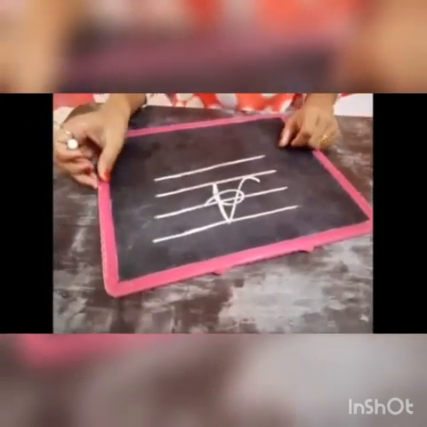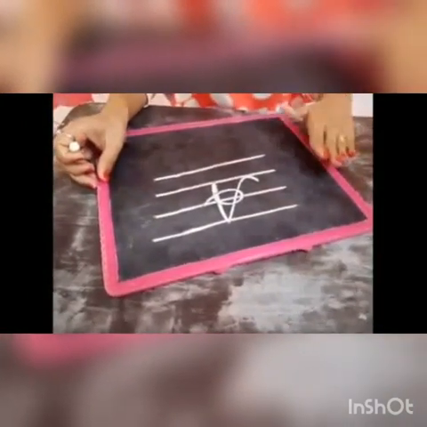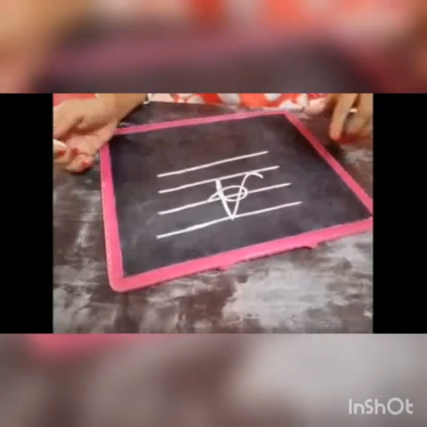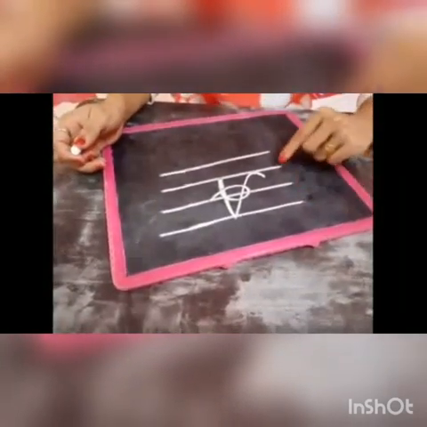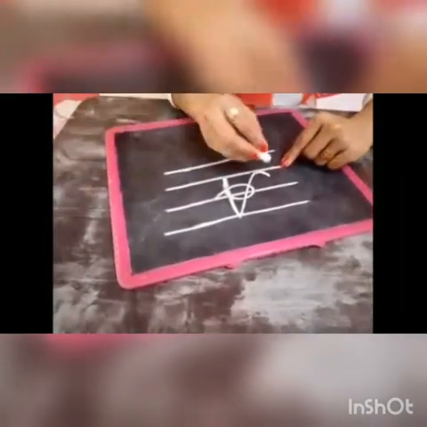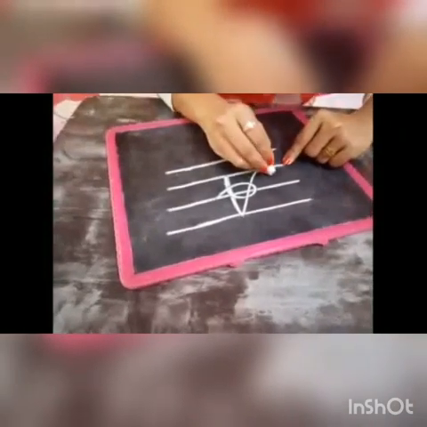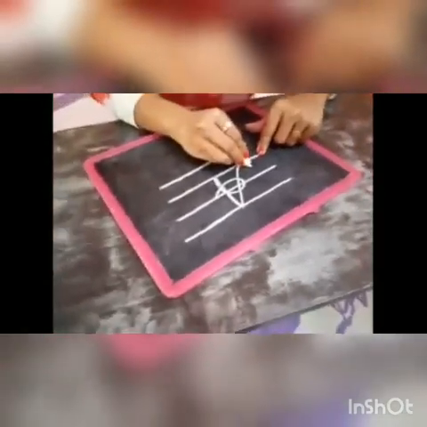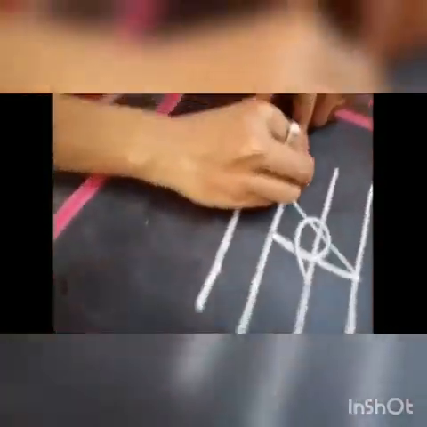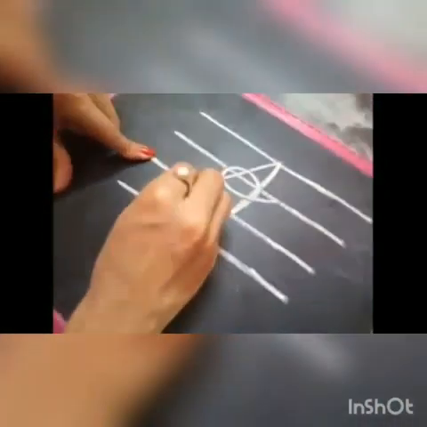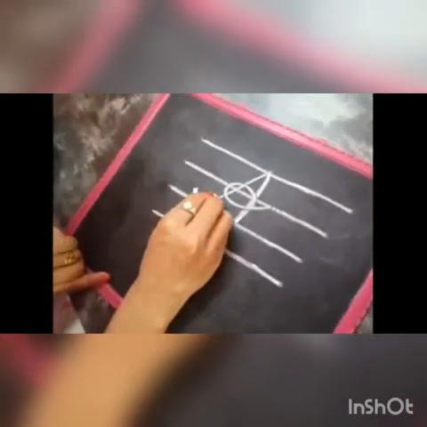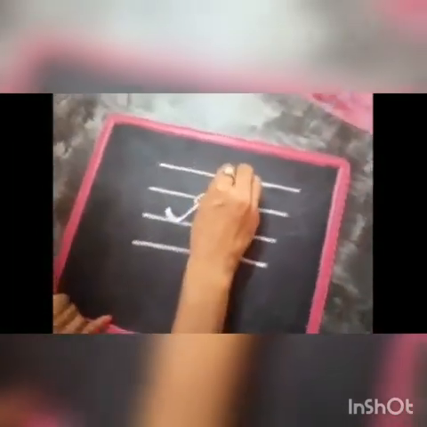Okay, look at this slate board. First of all, I will tell you how to write the letter A on the board. From the third line, keep your pencil here and start from here. Go up with the slanting line.